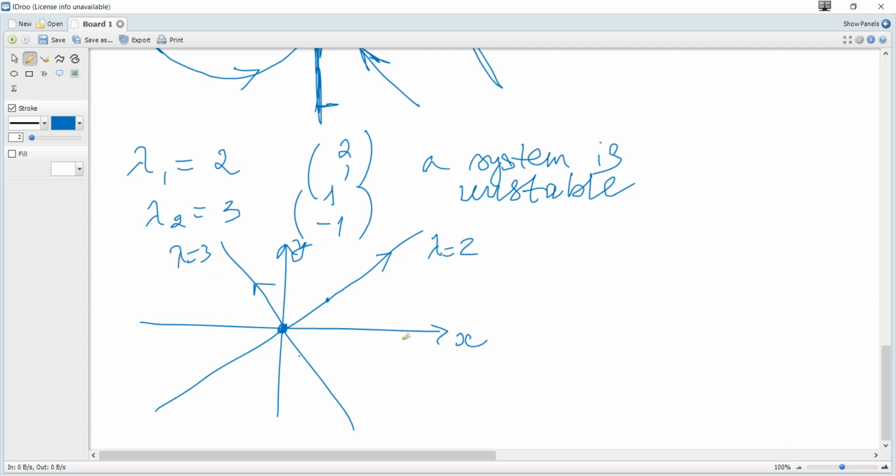So for a large value, away from the origin, our trajectories will be parallel to the larger vector corresponding to the larger lambda, and we never cross another vector, so it looks like this.